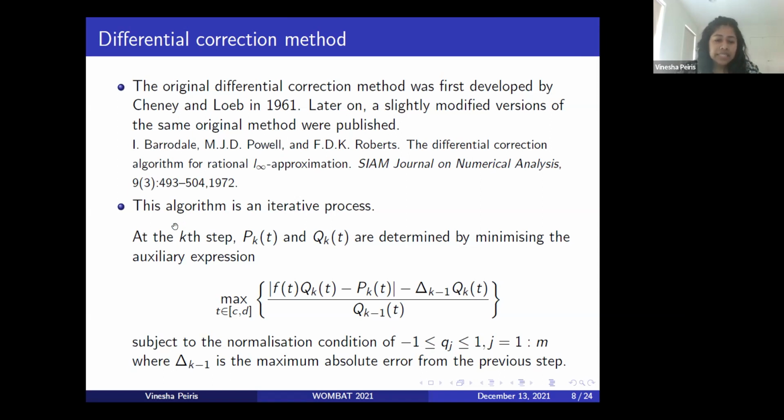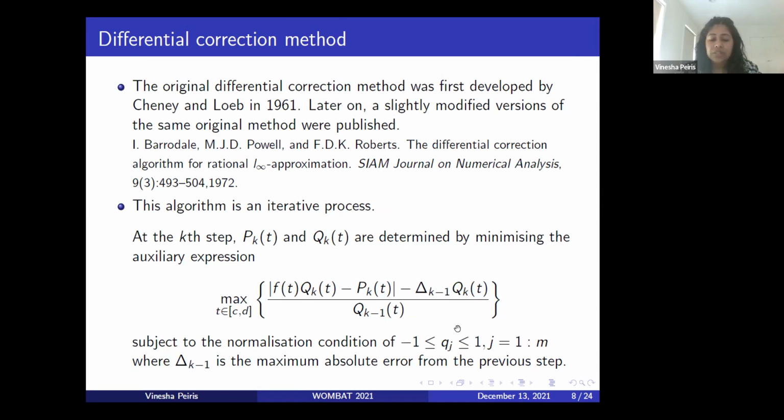So at the kth step, you have to find your numerator p_k and denominator q_k, and you have to find them by minimizing this expression. This expression comes from the original differential correction method, and in the modified versions, they have a slightly different expression to be minimized. The normalization condition that they use here is this one.